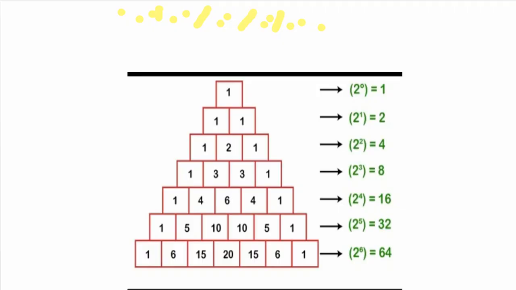In the previous class also I told you how to take the values from the Pascal triangle.